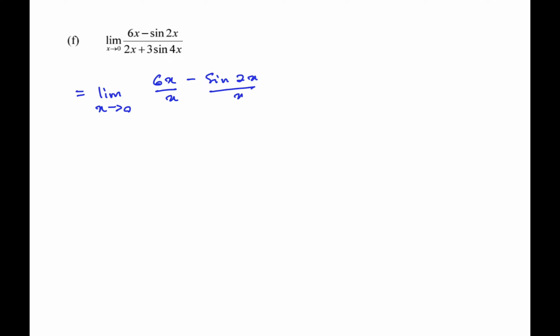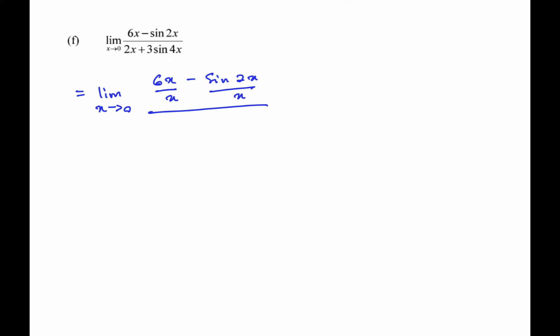Okay, next question F. Limit x approaches 0 of 6x minus sine 2x divided by 2x plus 3 sine 4x. This one we can solve using trigonometric identities, but we must divide both the upper and lower parts by x, which is 6x minus sine 2x divided by x, over 2x plus 3 sine 4x divided by x.